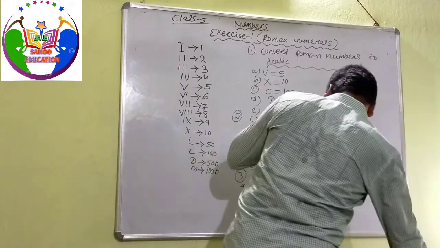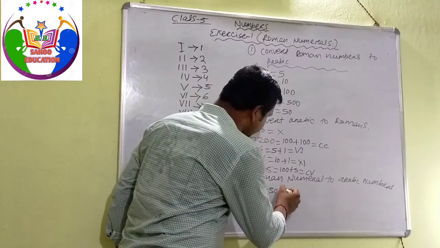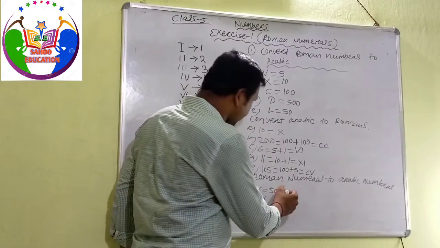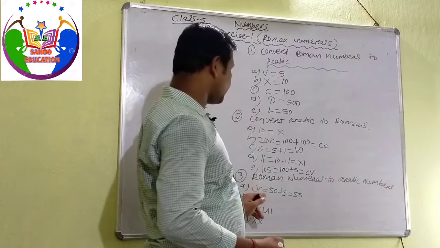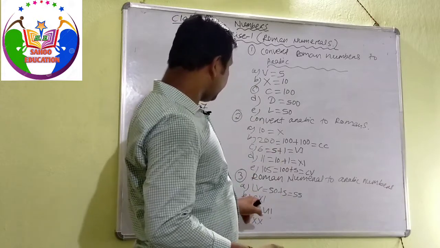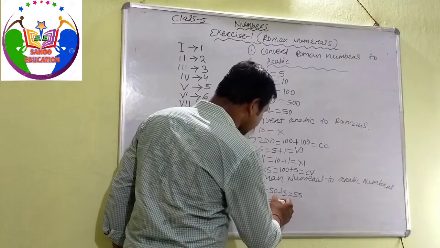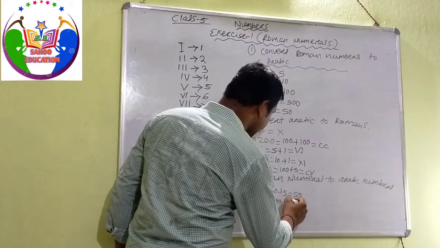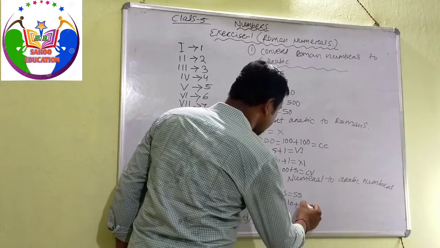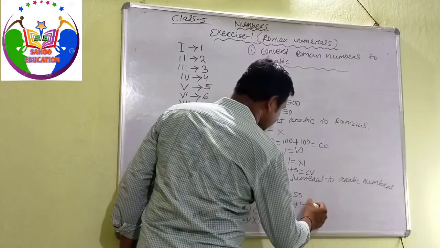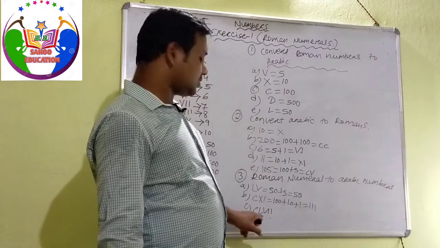So you know L stands for 50 plus V stands for 5. So 50 plus 5 is 55. LV stands for 55. Similarly, we will discuss CXI. Here C for 100 and X for 10, I for 1. So this is 111. Now come to next question.